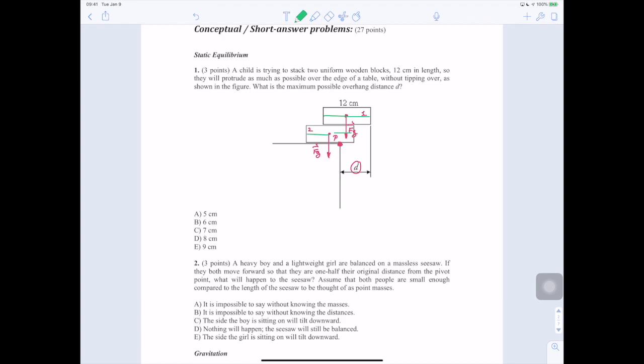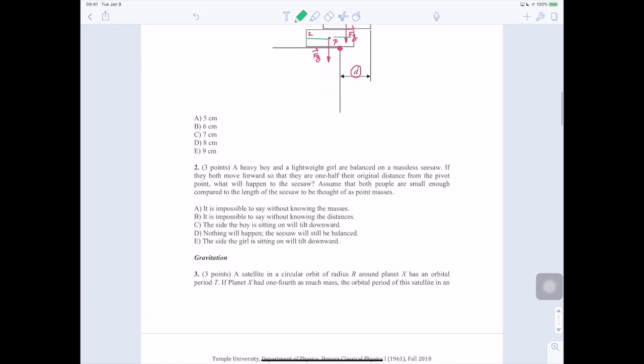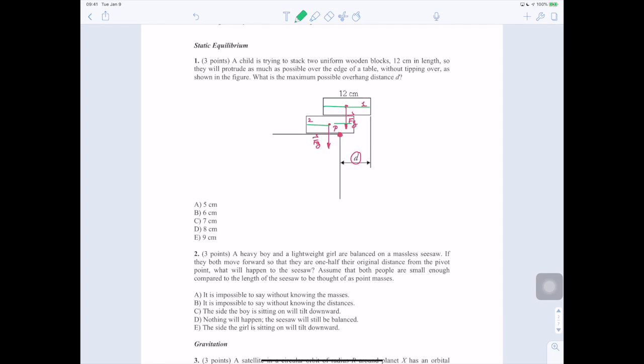So now the torque contributions onto block 2 will cancel each other, if that distance from the gravitational force on block 2 relative to point P and from the gravitational force on block 1 relative to point P is exactly the same. Then the torques as a torque sum cancel each other. And this is exactly the case when D is exactly 9 centimeters.